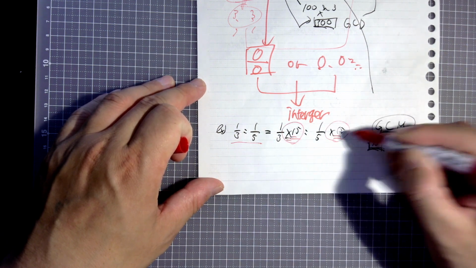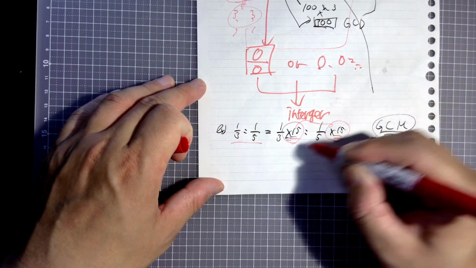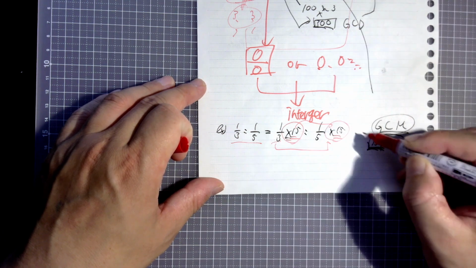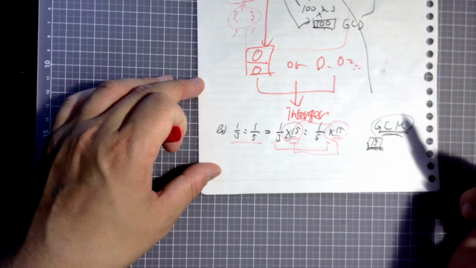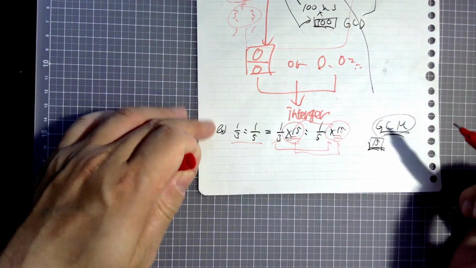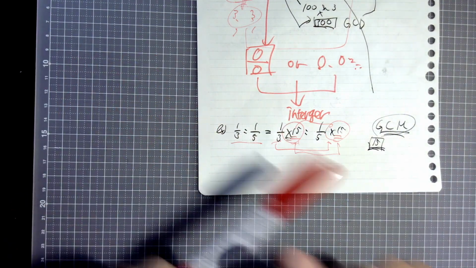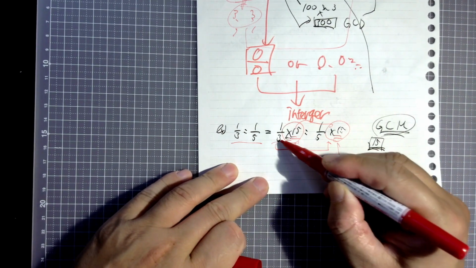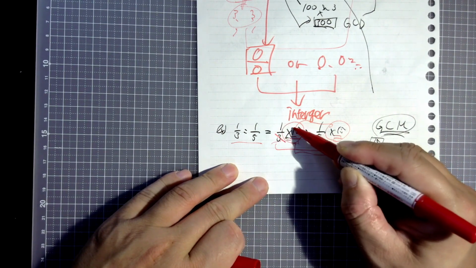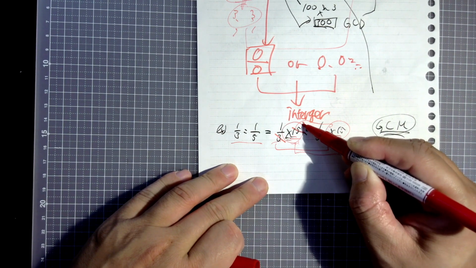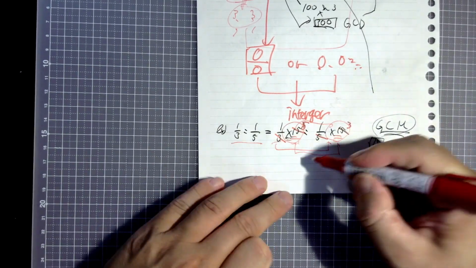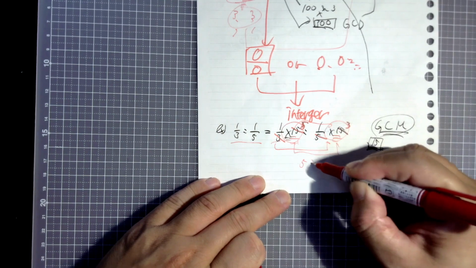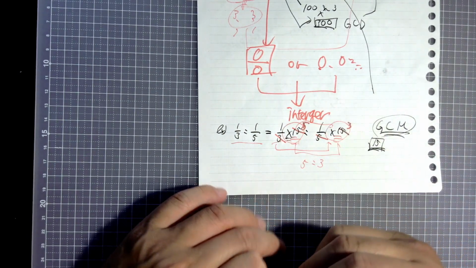So this relationship never changes as long as you multiply, divide, add, or subtract. Now you can make an integer. So this is 5, this is 3. So the ratio ends up as 5 to 3. Isn't it easy?